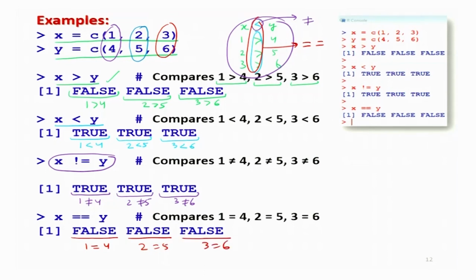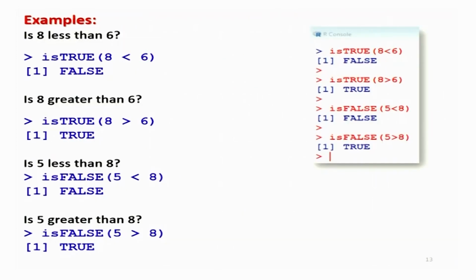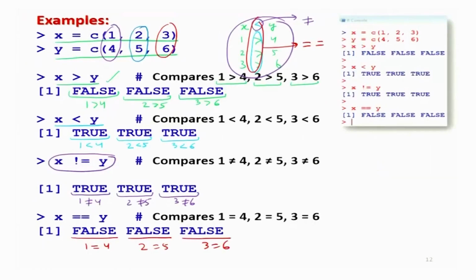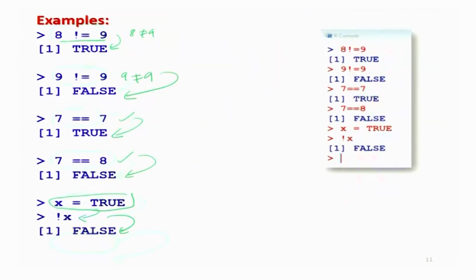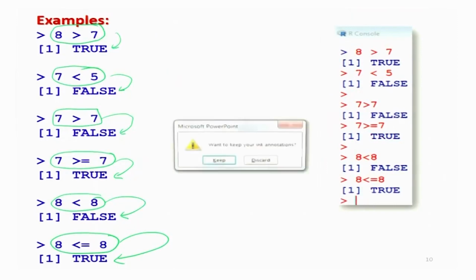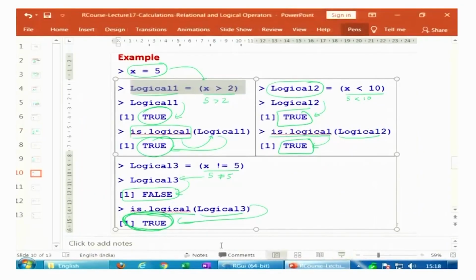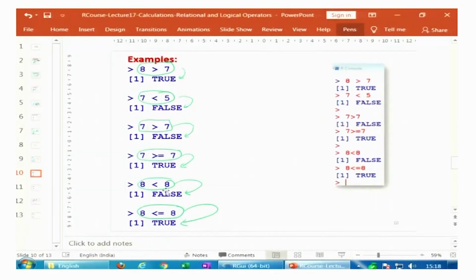So, this is how the operation is done when we are working with data vectors. Right. Let me first show you these values in the R software, and then I will explain the last slide.